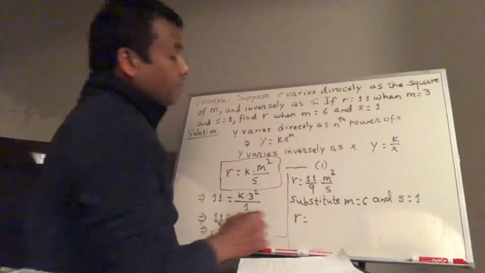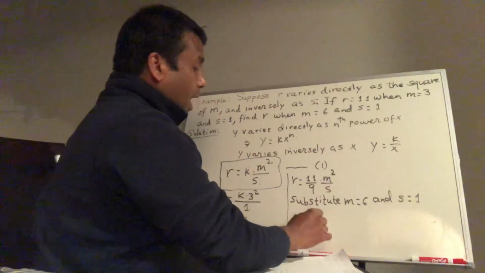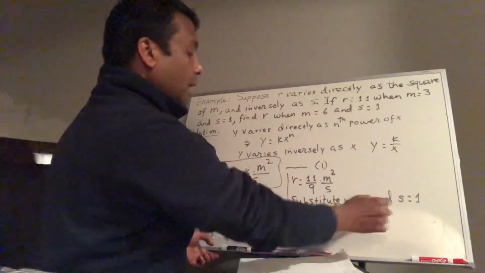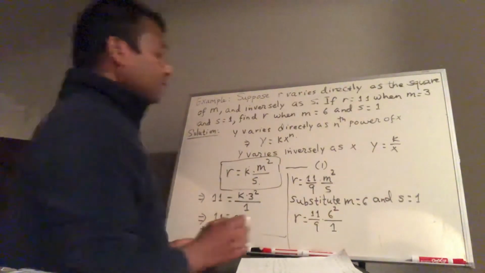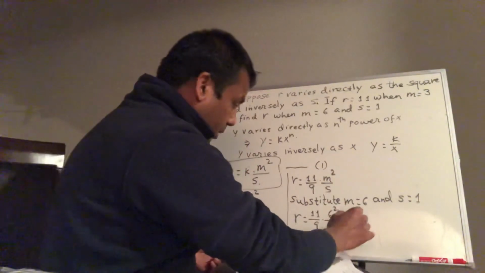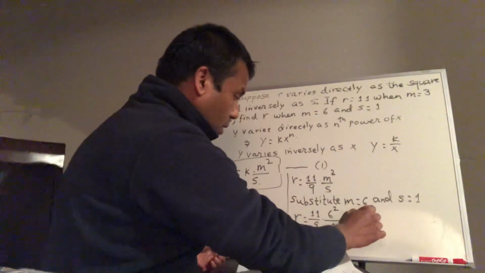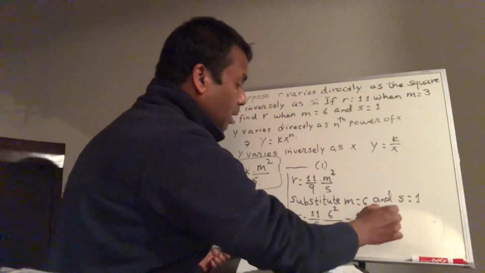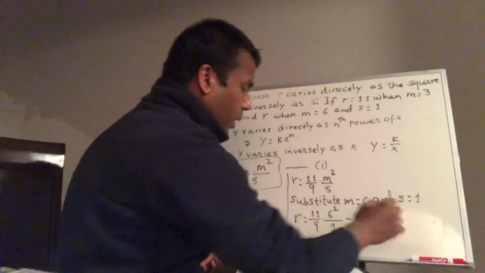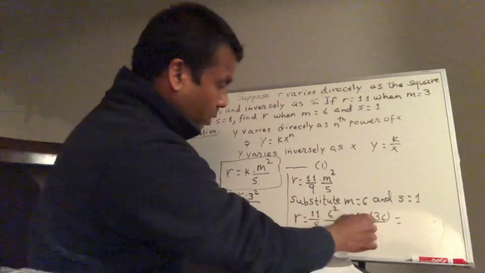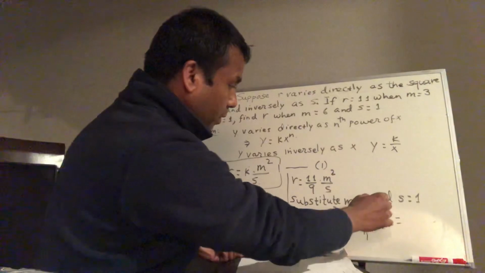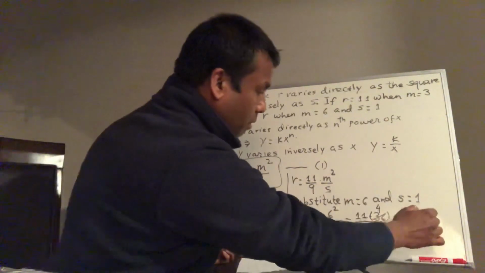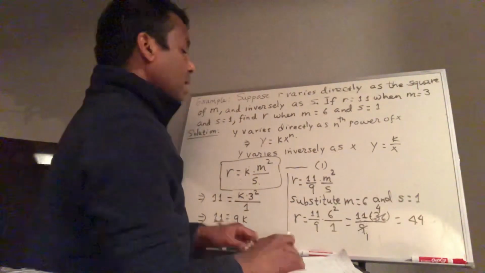So it will give me 11 over 9 times M square, which is 6 square, over S equal to 1, right? So let me simplify this. So this is 11 over 9 times 6 square is 36, and when I put in the lowest terms, 36 divided by 9 is 4, so 11 times 4 is 44, right?